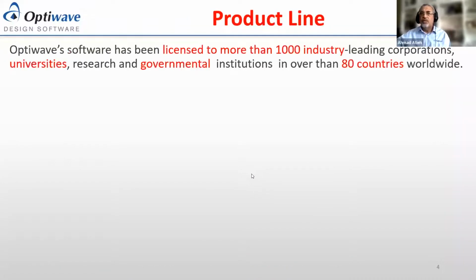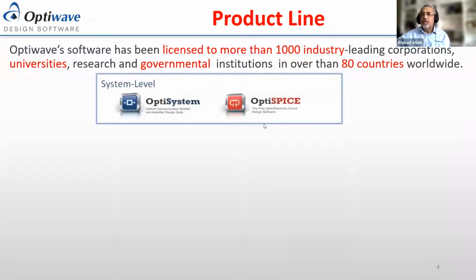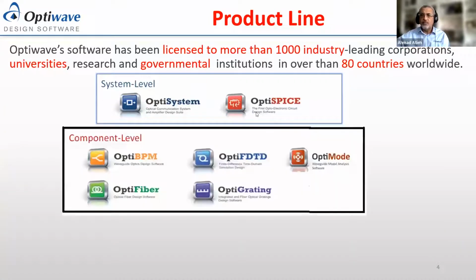OptiWave's different products have been licensed in over 1,000 industry-leading companies, universities, research, and governmental institutions in over 80 countries. The main products of OptiWave are categorized into 3 categories. One of them is system level, which includes the OptiSystem software and OptiSpice software, an optoelectronics software that can be used for designing photonic integrated circuits.